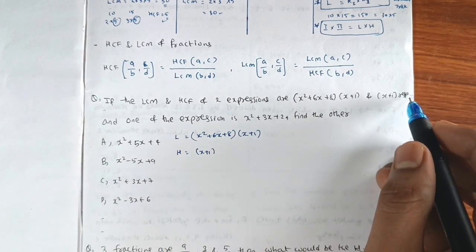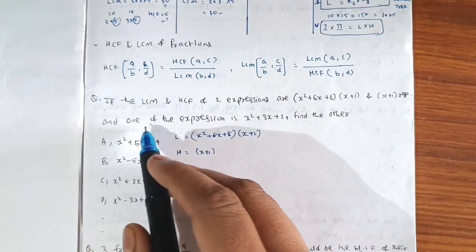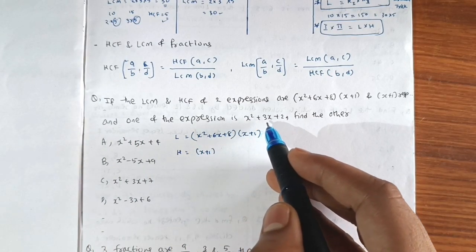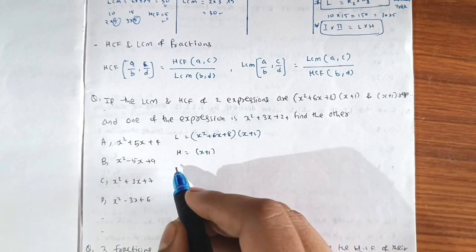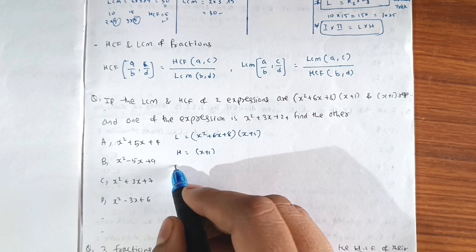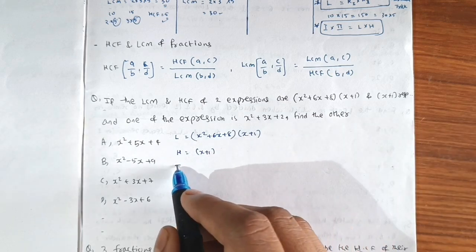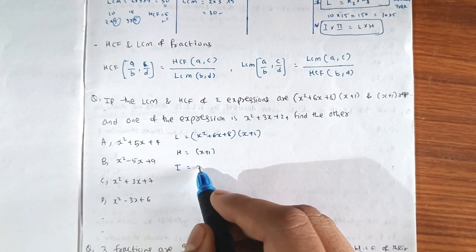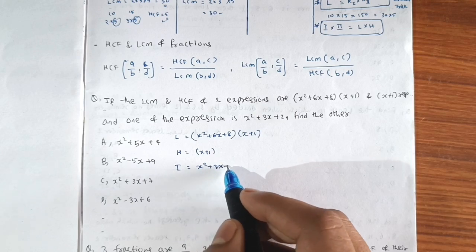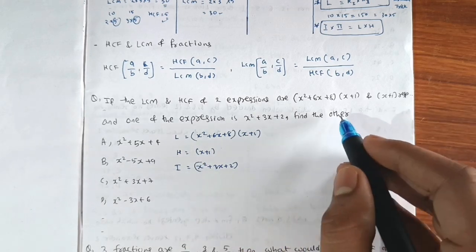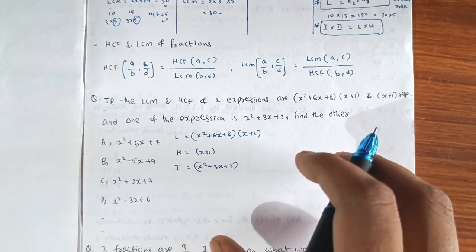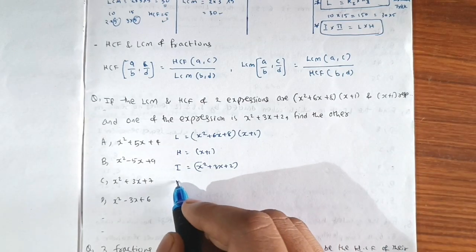Respectively is just the short form I have written. And one of the expressions is x square plus 3x plus 2. Let it be the first expression. We need to find the other, the second expression.